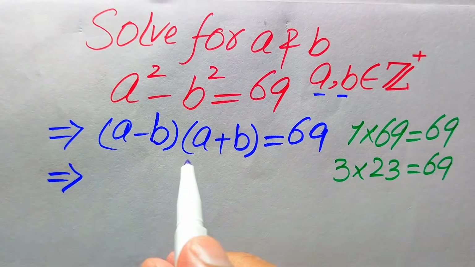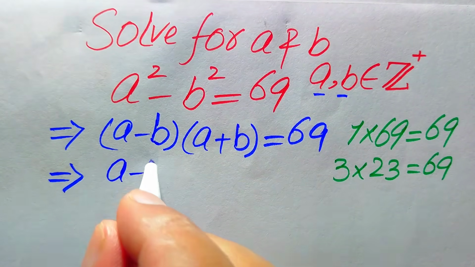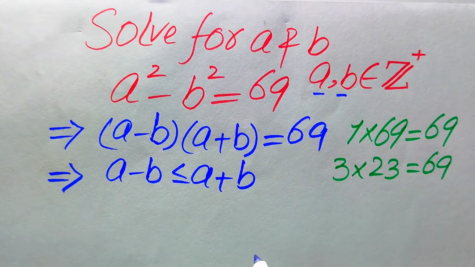Now we make the relation between these two values: a − b is always less than or equal to a + b.